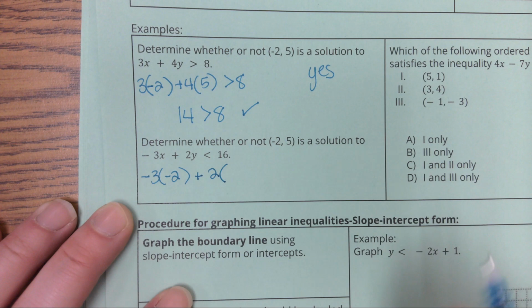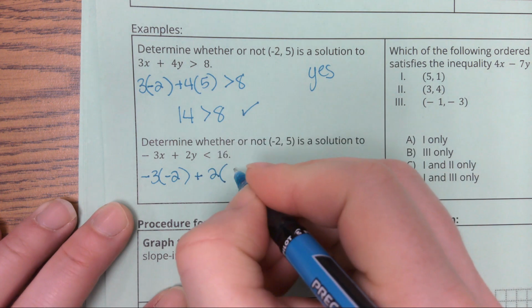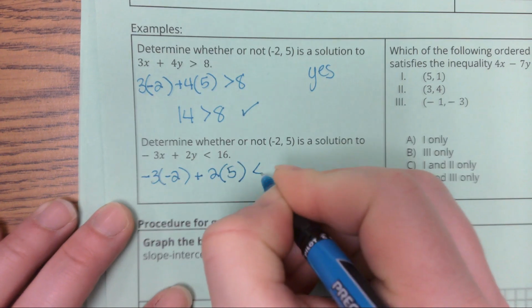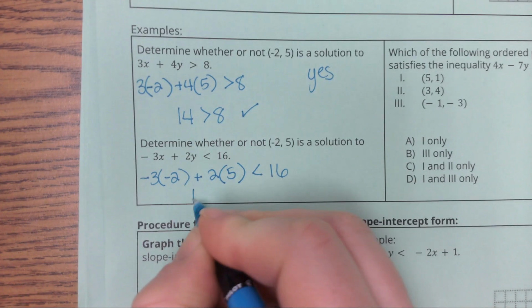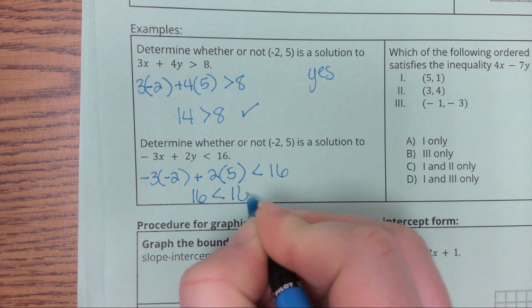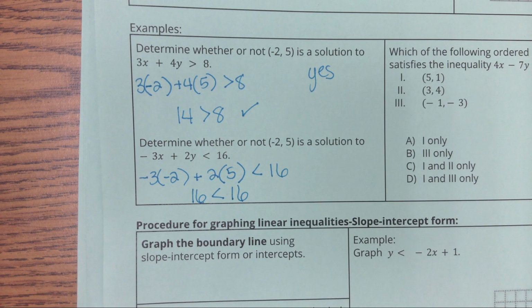There's no bar under there. Okay, are you with me so far? A negative times a negative is positive. 6 plus 10. Okay, think guys. I know that's the same number, but think about this. Is this true? Is 16 less than 16? No.